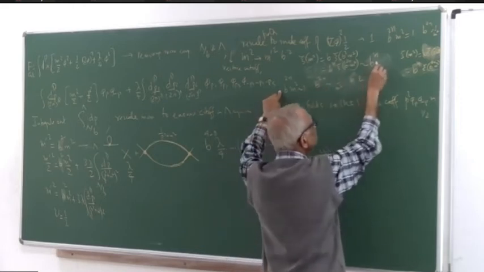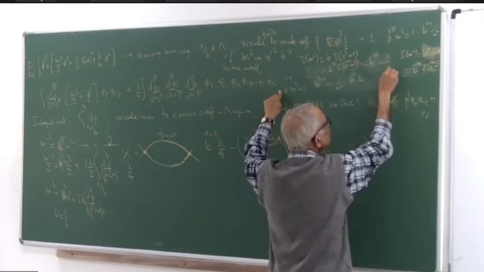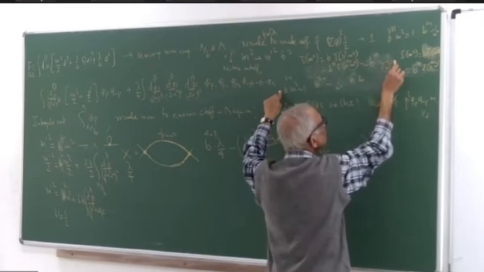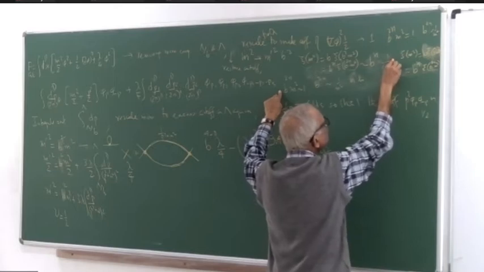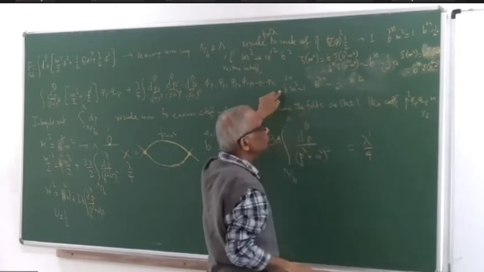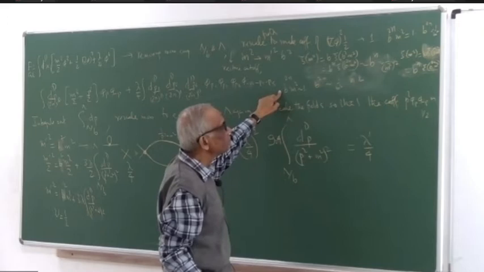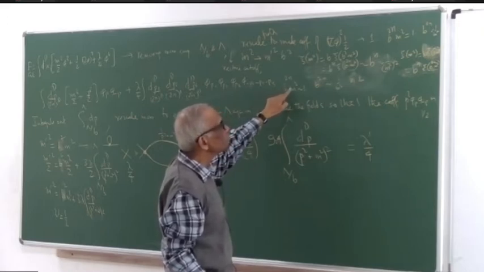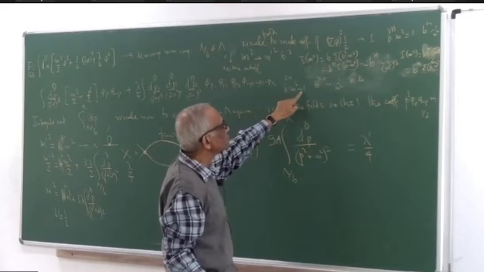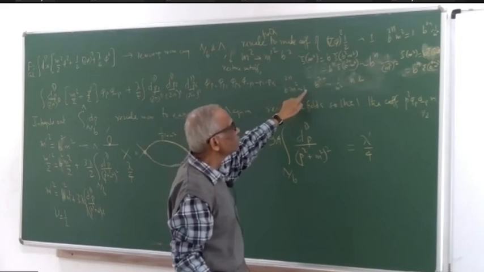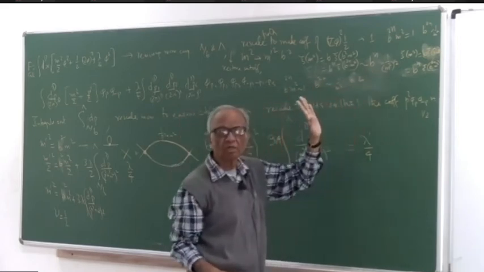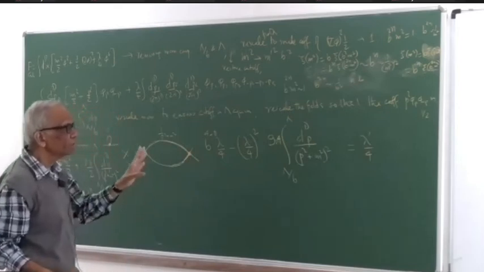So this is 1 over m square to the power half, right? b to the power n is like 1 over m square to the power half. So I have it right.